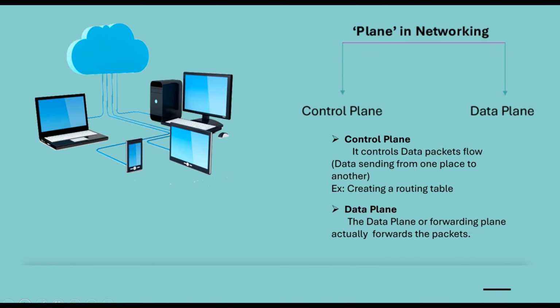There are two types of plane inside networking: the control plane and the data plane. The control plane basically controls the data packet flow, meaning the data sending from one place to another. Likewise, when we create a routing table, we are setting up some rules, so this IP address can communicate only with that IP address. This is one example of creating a routing table.